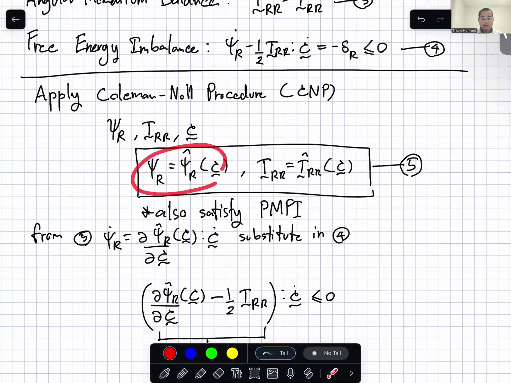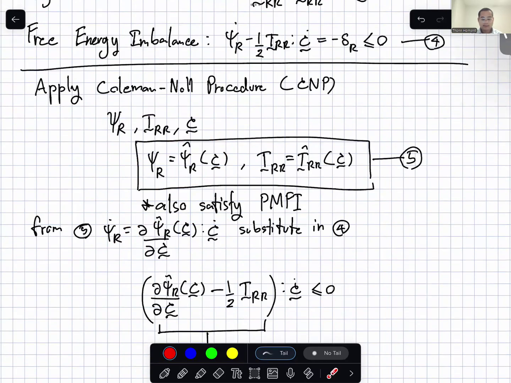From this one we can take the material derivative, and we substitute the material derivative of the free energy in the reference configuration back into the fourth equation.